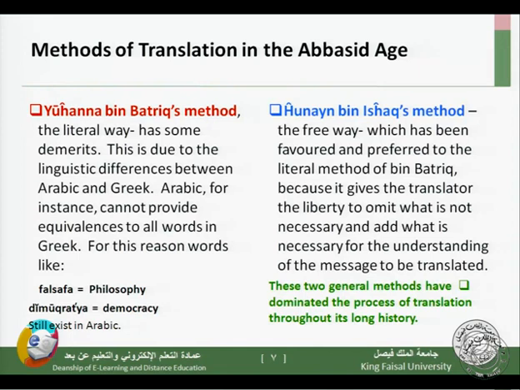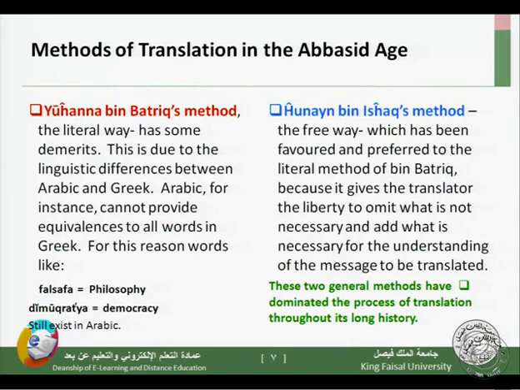One literal and one free. The pioneers of these two methods were Yohanna bin Batriq's method, which was mainly literal, they call it the literal way, and Hunayn bin Ishaq's method, the free way. It means a free translation.